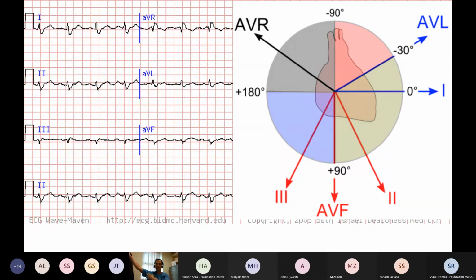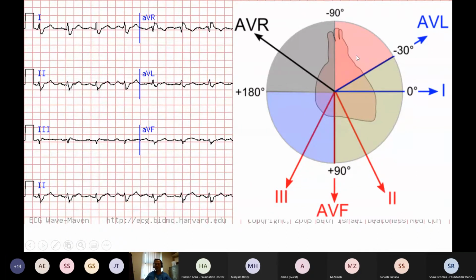So AVR is looking up to the right and AVL is looking up to the left. And if you've got those two in place, you then just need to go down from AVL. Horizontal is 1, then we have 2, AVF, and 3. You can immediately see from this that these leads are looking at the heart inferiorly from underneath. AVL and 1 are looking at it laterally from the side. And AVR is over off on its own, completely the opposite direction.